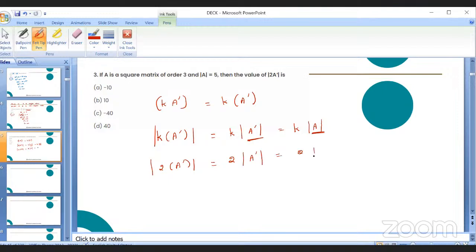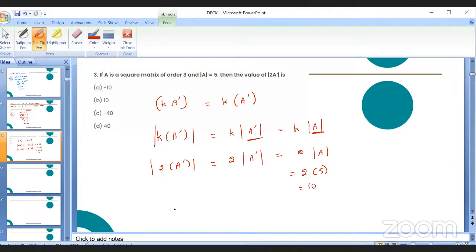And determinant of A transpose is determinant of A only. So it has to be 2 into determinant of A. Determinant of A matrix is 5. It has to be 10.